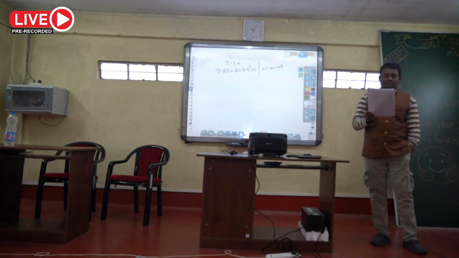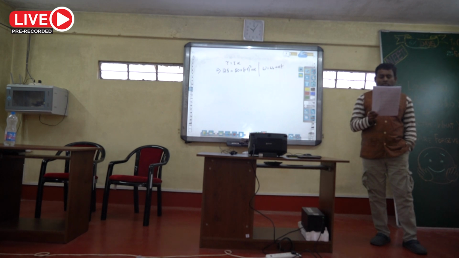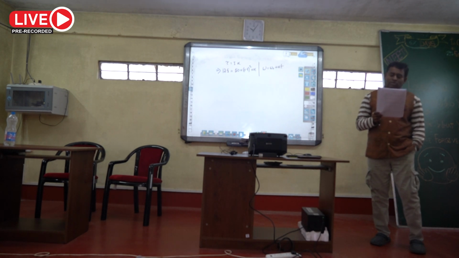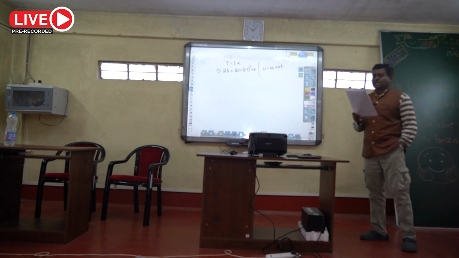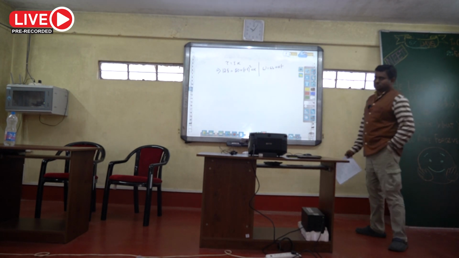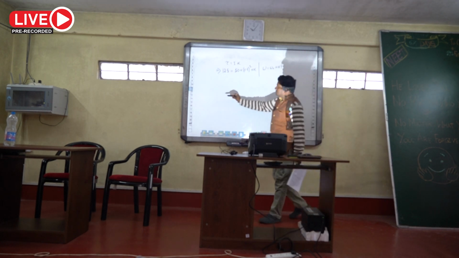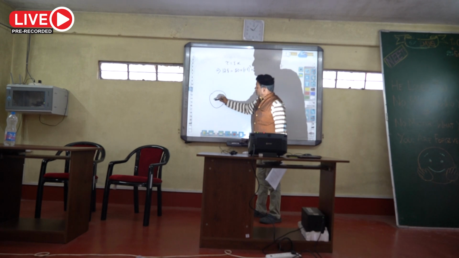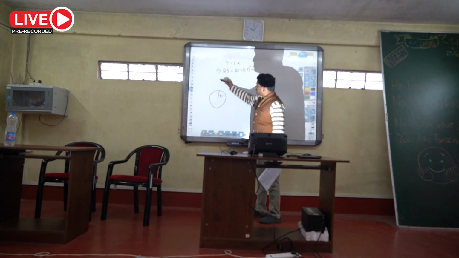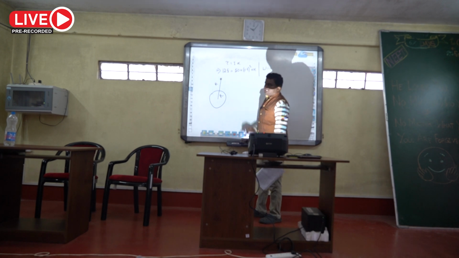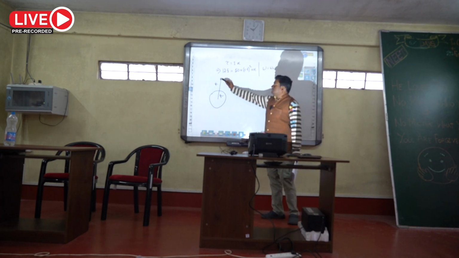Then question number 13. A body is released from the height equal to radius of the earth. The velocity of the body with which it will strike the surface of the earth. See, this is earth of radius r. The body is dropped from here, which is another r. So what will be the velocity of the body when it will reach here? See, at this point it is released, so its kinetic energy will be 0.